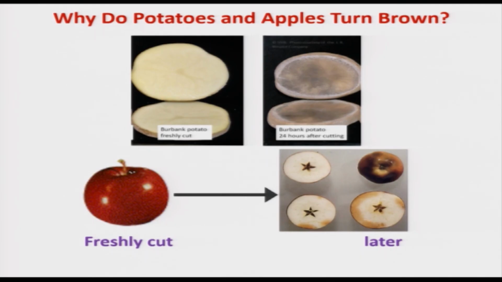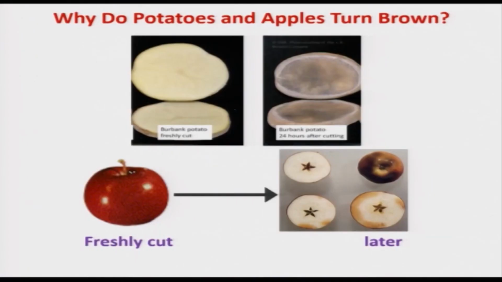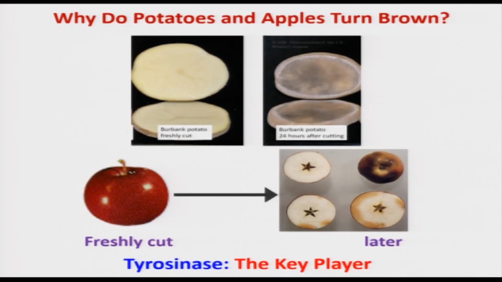This browning is very important because it protects against insects and others destroying the surface, and once you need it, you can cut off that brown portion and it would be as fresh as it was at the beginning. Now, who does this? Tyrosinase is responsible for such browning on the surface.